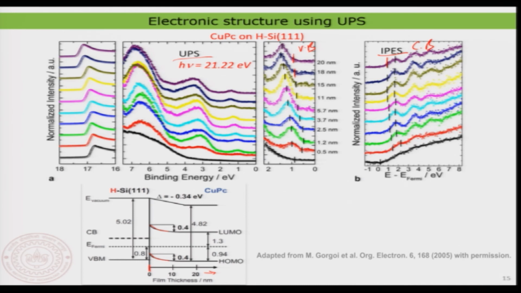That is something I have already told you. This is something that we would expect, and we can now clearly measure it experimentally if we combine UPS and IPES, the inverse photoelectron spectroscopy. So, together you see clearly that we have a greater understanding about the interfaces.